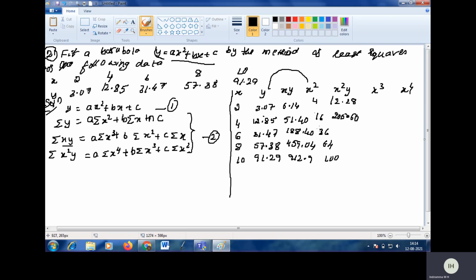Next, 36 into 31.47 is 1132.92 you will get. Next, 64 into 57.38 will be 3672.32.